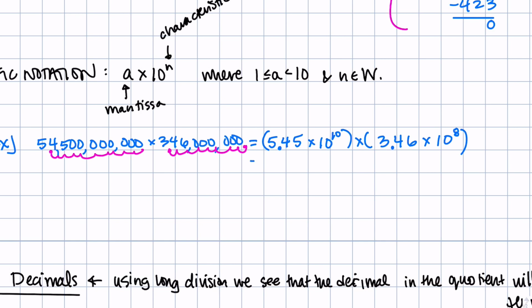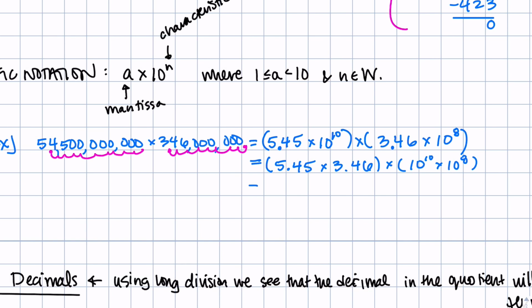Why this is nice is that these are all multiplication, my only operation here. I don't have any addition, so I don't need to worry about distributing or anything like that, because it's one operation, just multiplication. And everything's commutative, right? So since everything's commutative and associative over multiplication like this, I can go ahead and move my 5.45 and my 3.46 together, and I can move my 10 to the 10th and my 10 to the 8th together.